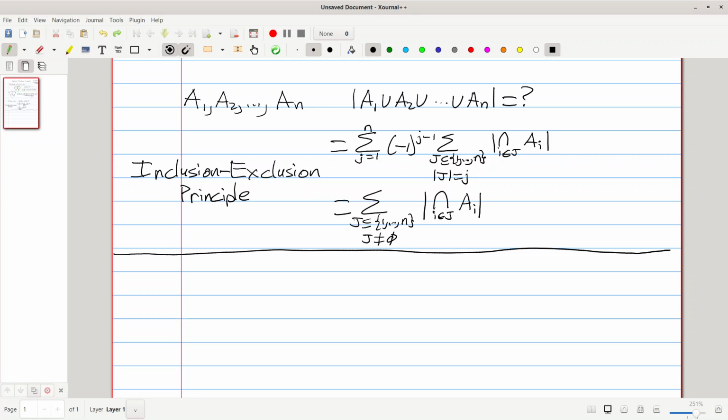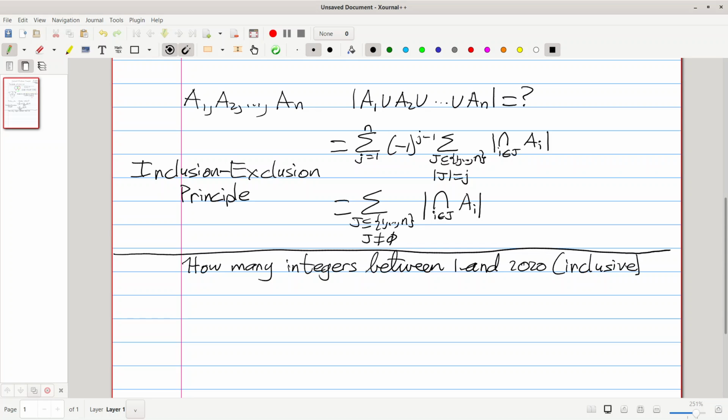Okay, so here's an example. We are going to count how many integers between 1 and 2020 inclusive are divisible by 2, 3, or 5.